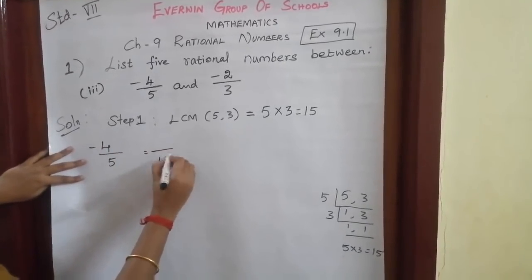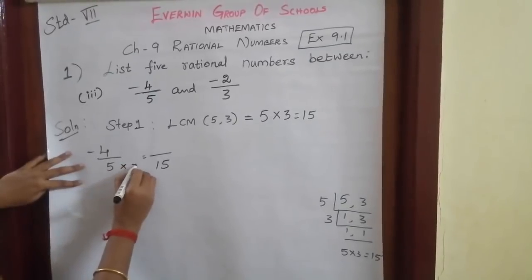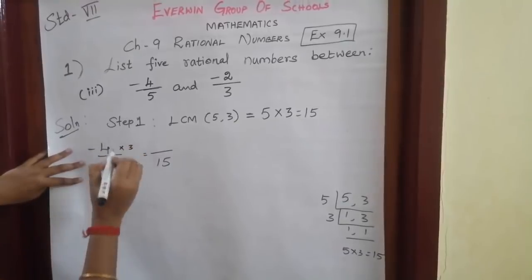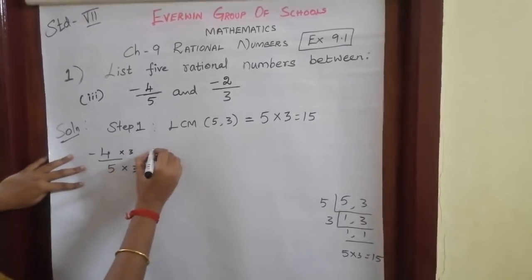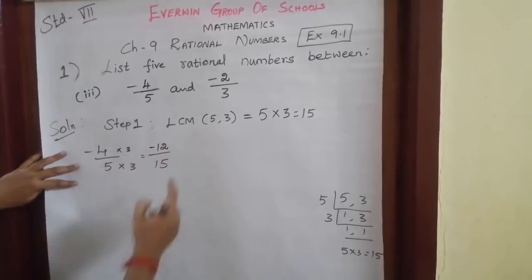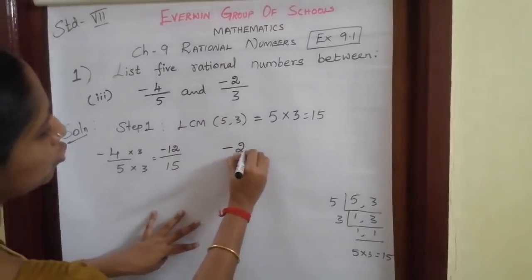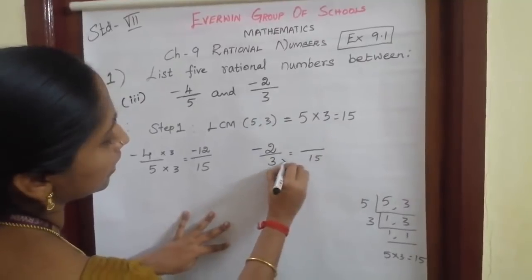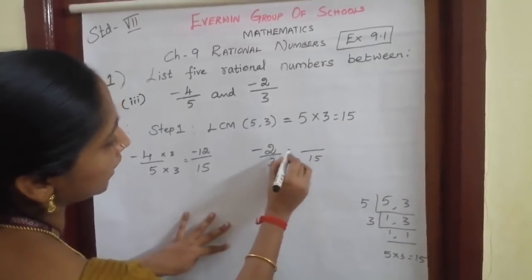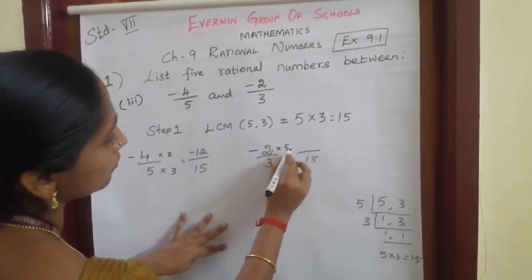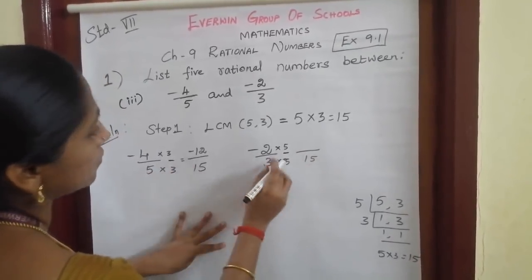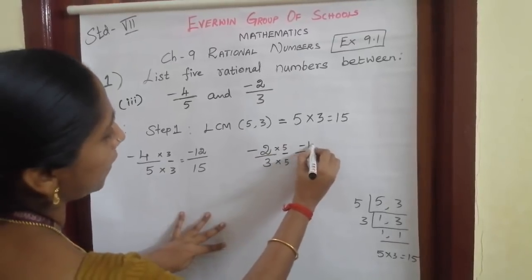Change the denominator to 15. 5 3s are 15. The same number multiply in the numerator also. 4 3s are 12, minus 12. Next, minus 2 by 3. 15, 3 5s are 15, and 2 5s are 10, minus 10.